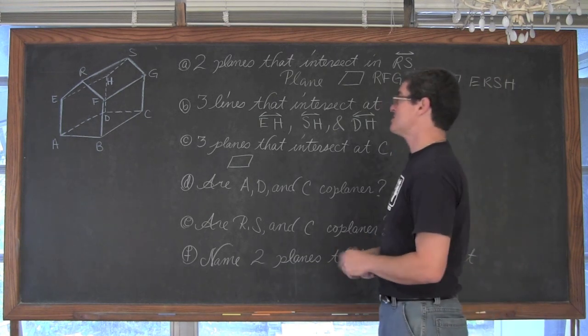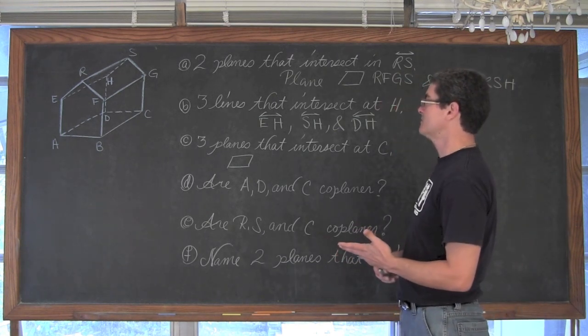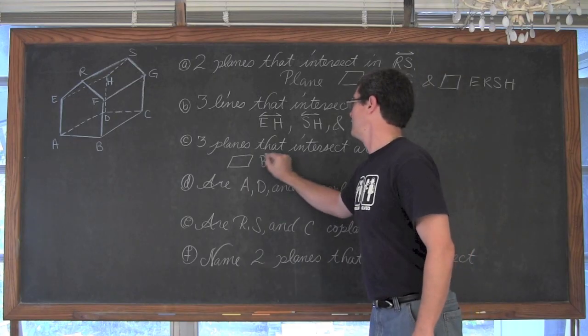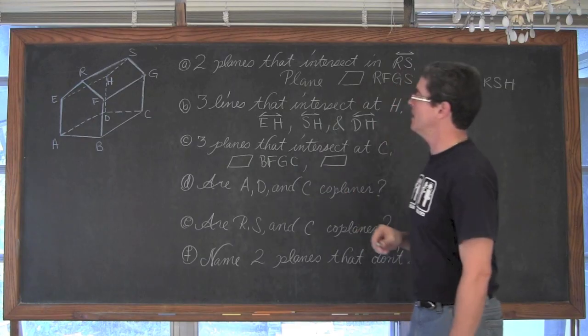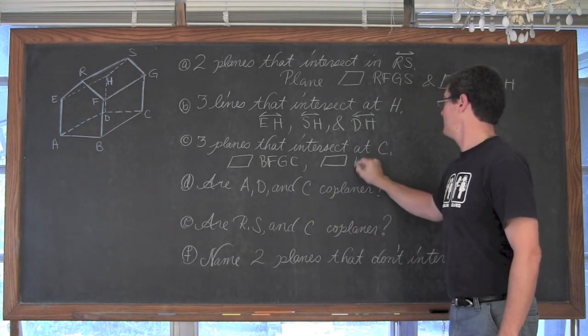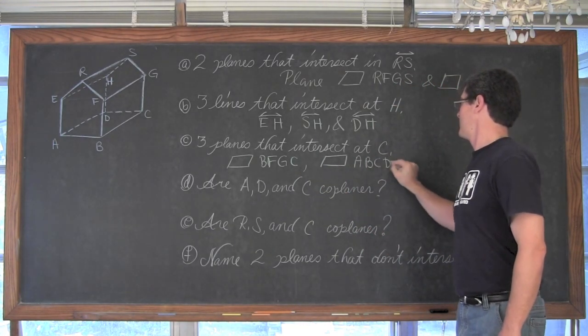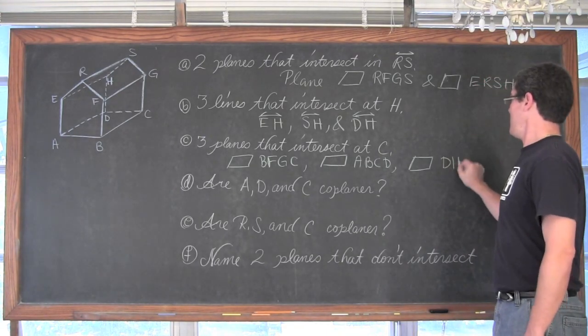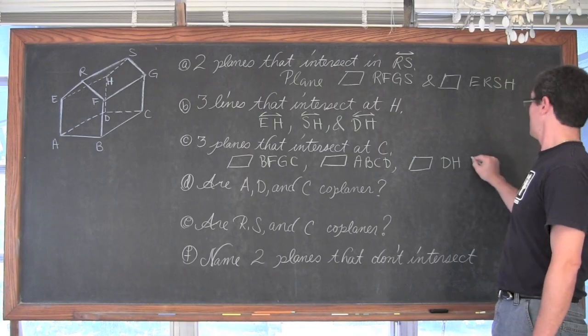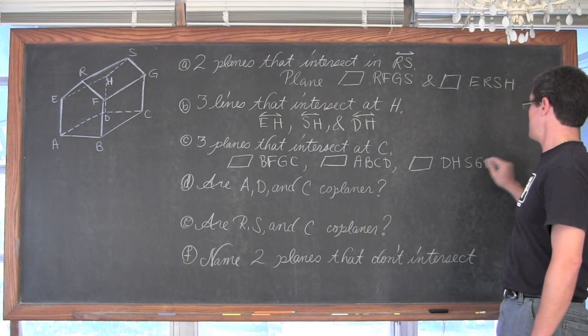So let's see here. Plane BFGC, and plane ABCD, and plane DHSGC.